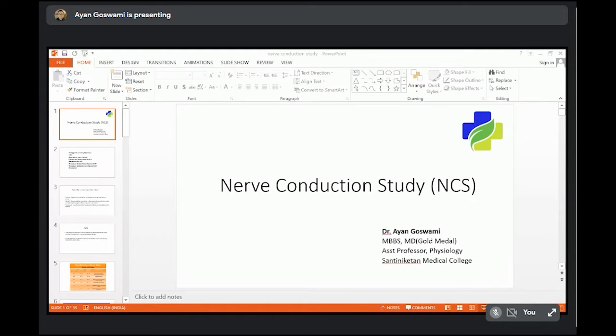To learn the site for stimulation of the median nerve at the wrist and at the elbow, identify the stimulating, recording, reference and ground electrodes and the region where they are to be placed, and enumerate the conditions where nerve conduction parameters, that is velocity and amplitude, are altered.